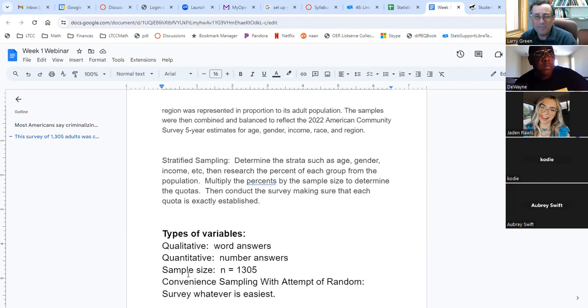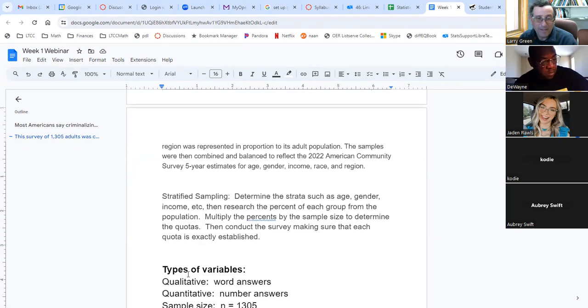I want to mention that there are types of variables. One is a qualitative variable, and the other is a quantitative variable. A qualitative variable means that the answer to the survey question is a word. Things like, what is your favorite color? Put in your chat box, what's your favorite color?